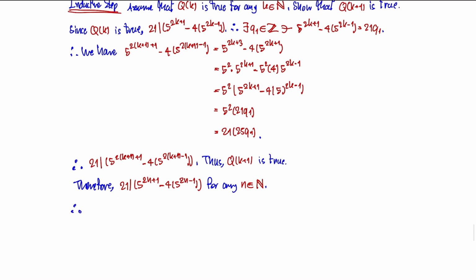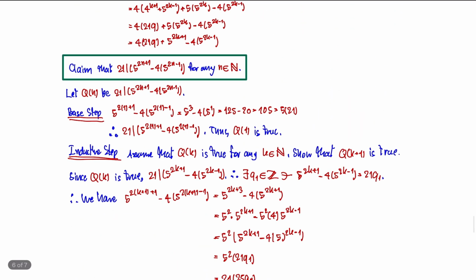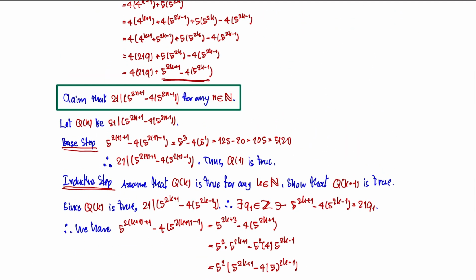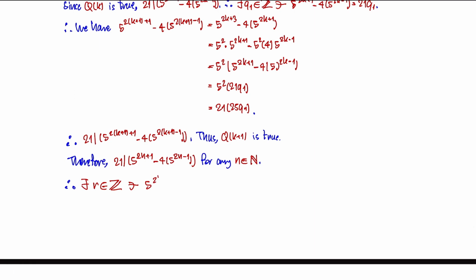Okay, now here's what we have. Therefore, there exists an integer r, such that 5 to the 2k plus 1 minus 4 times 5 to the 2k minus 1 equals 21r.